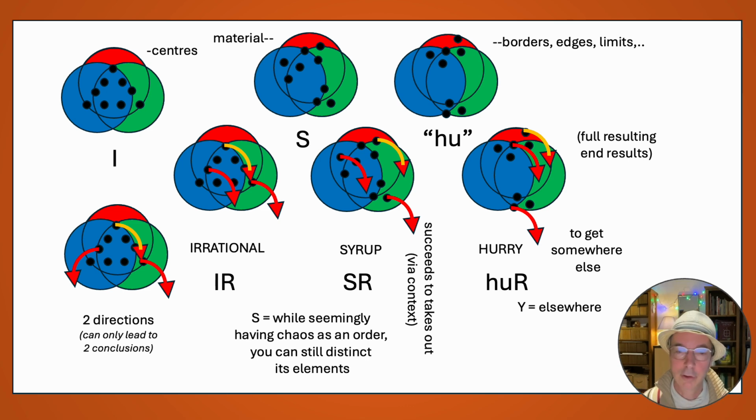So that's the kind of logic that you can use to derive something from it. It's not that I see this and then I make something from it. No, I know it's about material. I know with I it's about, what was it about? About centralization. This S is about material. And the syrup is, you can have a division of the material at the end. You can taste it at the end.